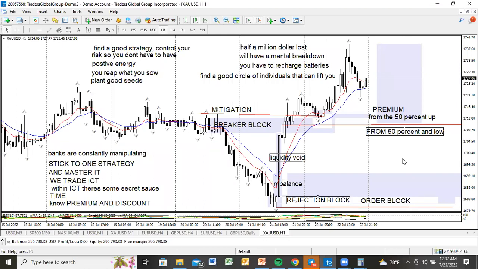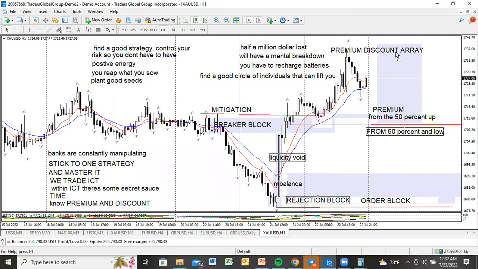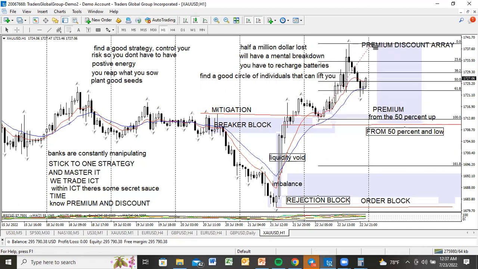So it is called premium discount array. That's what it's called, this premium discount array. So if you see price moving from a discount area, that is this swing now, 50% down is your discount, 50% up is your premium.